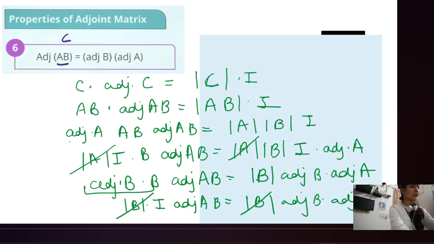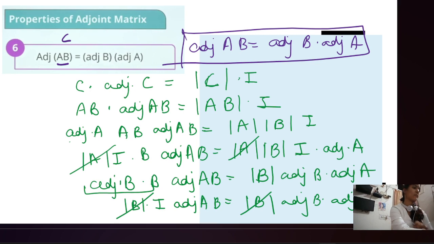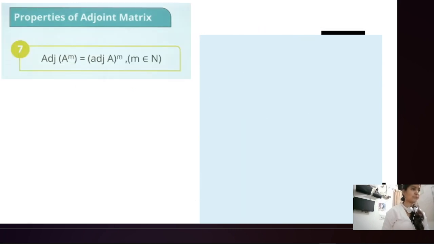So from here we are getting adjoint of AB is equals to adjoint of B adjoint of A. Let me write it here. Yeah, adjoint of AB is equals to adjoint of B adjoint of A. Okay, this property we have to prove. Okay, so have you understood? Let's move to the next property.